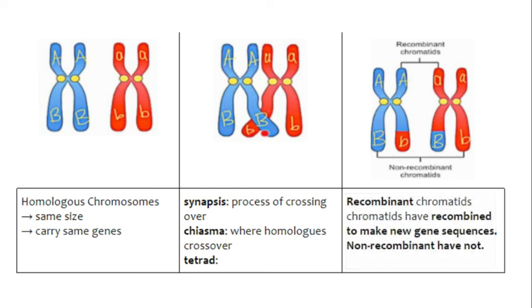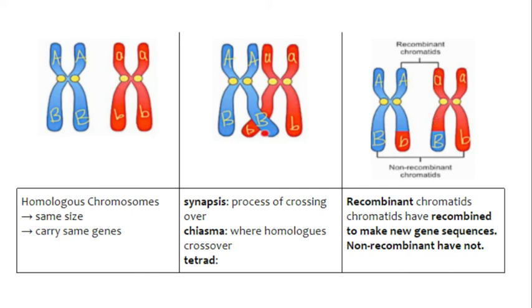And then finally, we have the recombinant chromatids and the non-recombinant. So the recombinant ones are the ones that have recombined. And so you can see that this chromosome here has a little piece of the red homologous chromosome, and this one has blue. So they've actually switched genes. And so this creates a unique sequence of genes that didn't exist in the previous generation, but does now in the offspring.